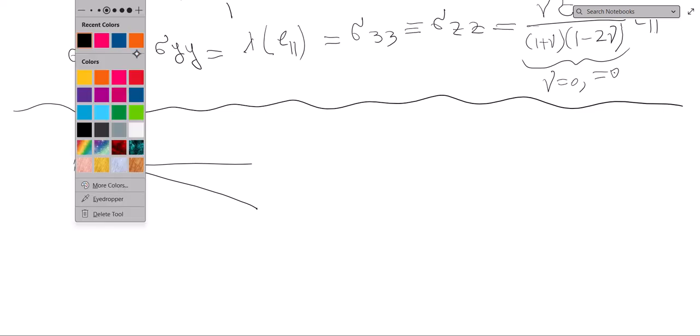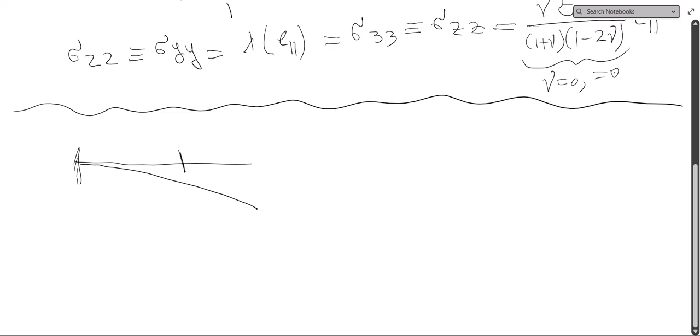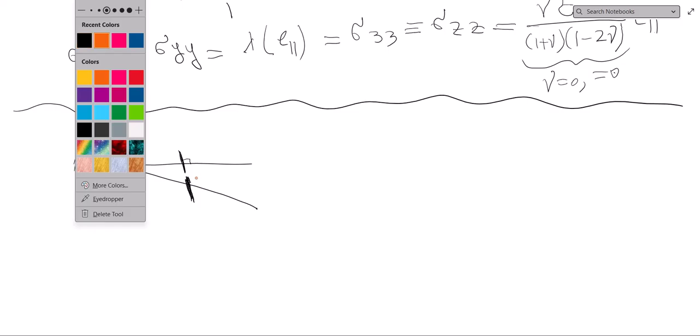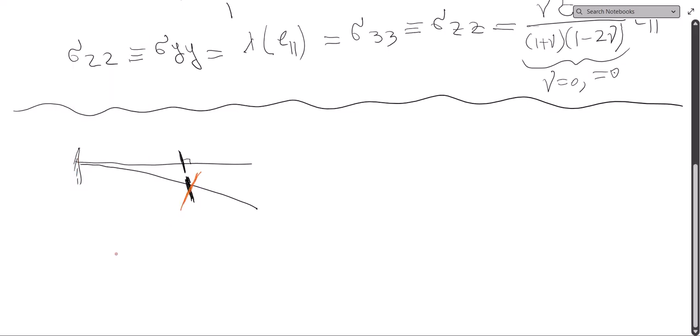We said that one of the assumptions we make is that perpendicular planes to the initial neutral axis of the beam will be transferred and then rotate such that, this is again Euler-Bernoulli, it remains perpendicular to the deflected neutral axis.